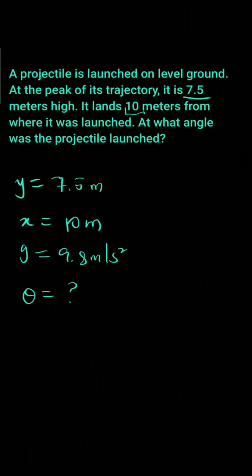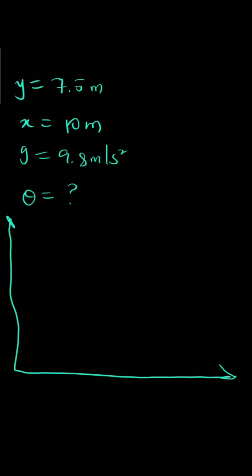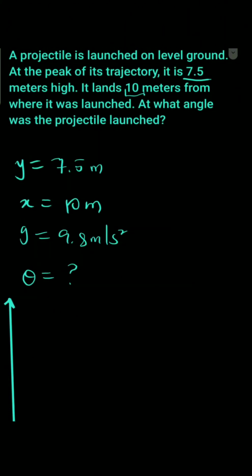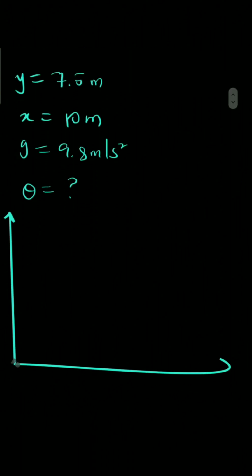Now here there is no mention of time, so for the vertical motion, calculating the velocity, we use the equation. First I have to draw this showing the trajectory. Okay, so we have the horizontal ground of 10.